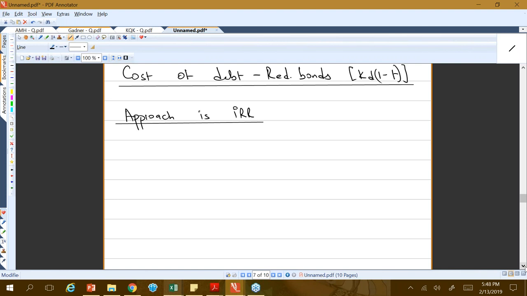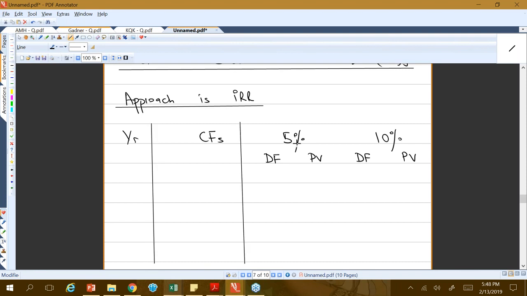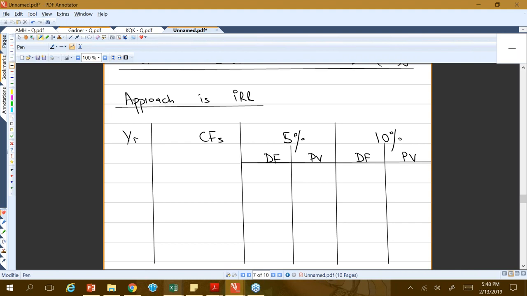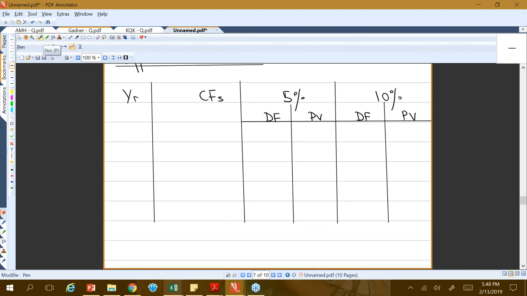There is a little structure that we will use. We'll take the year, cash flows, 5 and 10%, discount factor, present value, discount factor, present value. Remember, in the IRR approach, we take 2 percentages and we find the present values of the cash flows on those 2 percentages. So I like to use 5 and 10%. It gives you the right answer each time. In the exam, you're free to use any 2 percentages really. It doesn't matter much, but just to keep a standard, I'll use 5 and 10%.